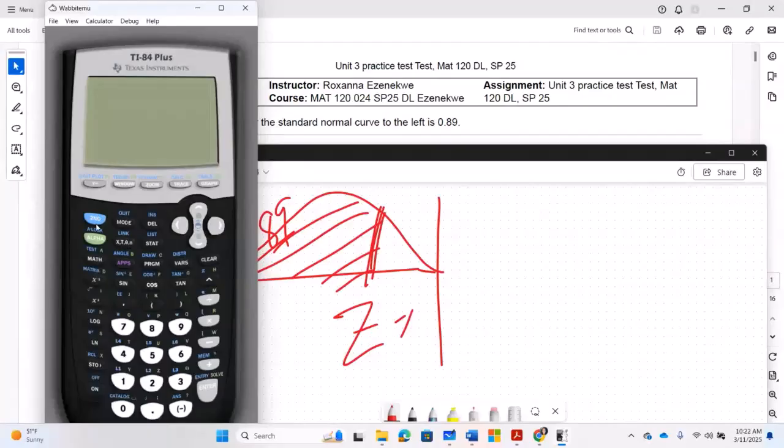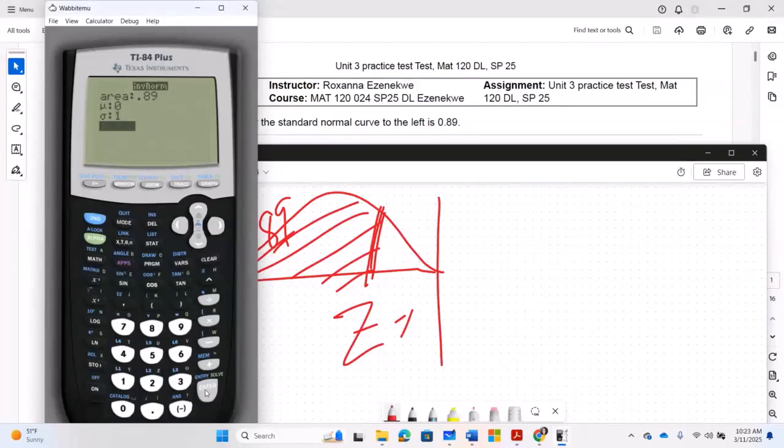And then second distribution, and I have inverse norm. It's inverse norm because I'm given the area and I'm told to find the z value. So 0.89.